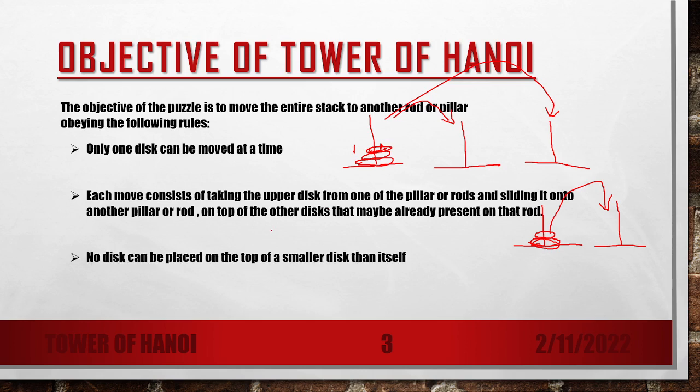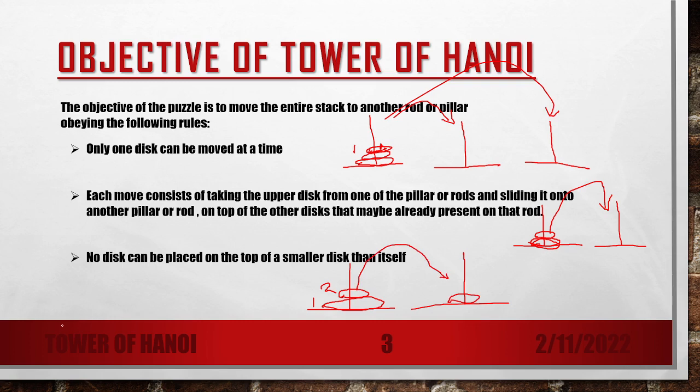And the third rule is, no disk can be placed on top of a disk smaller than itself. Let us assume two pillars. This is a bigger disk. It is smaller than the first one. If we represent it as 1 and we represent it as 2, we can move this from here to this pillar.